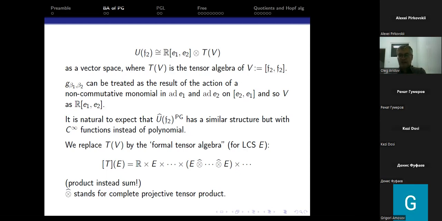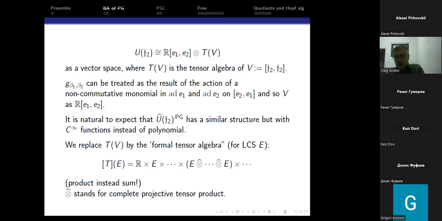So this is also an algebra of polynomials. And it is natural to expect that the envelope has a similar structure, but with C infinity functions instead of polynomials.